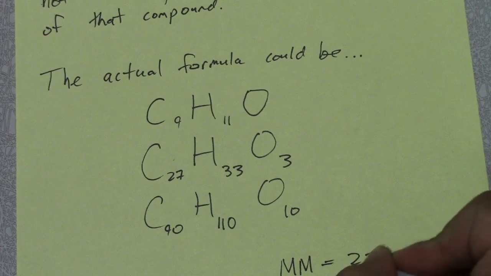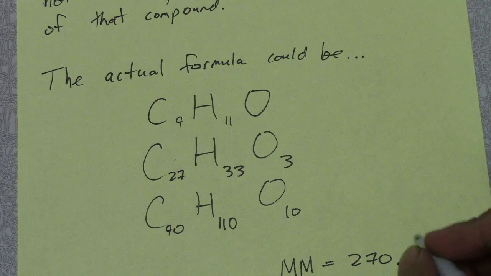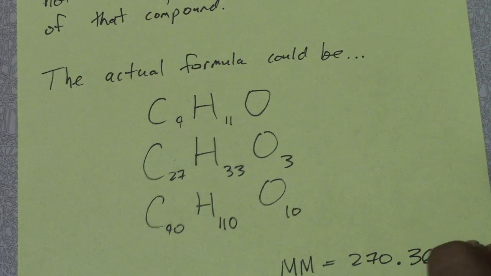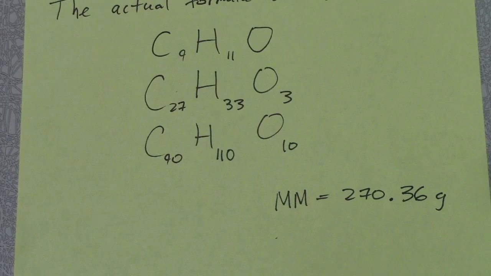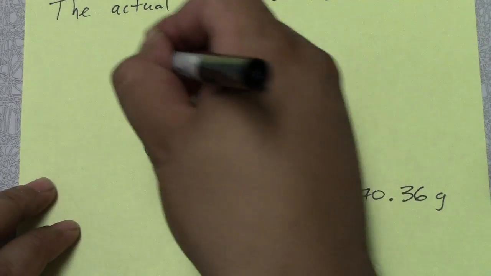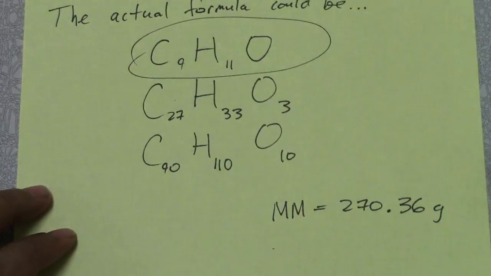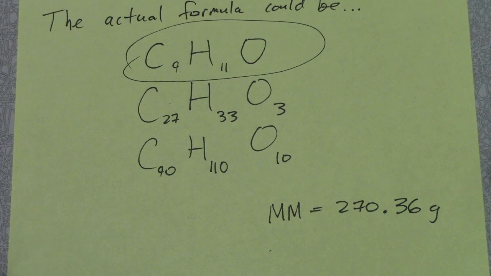So I'll write that here. Molar mass is equal to 270.36 grams. Well, by contrast, we have this empirical formula, C9H11O. What we can do is find the formula mass, or the empirical formula mass, and compare it to this molar mass. If we do that, we should find a molar mass corresponding to C9H11O.